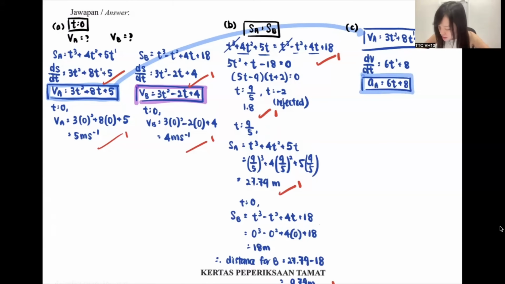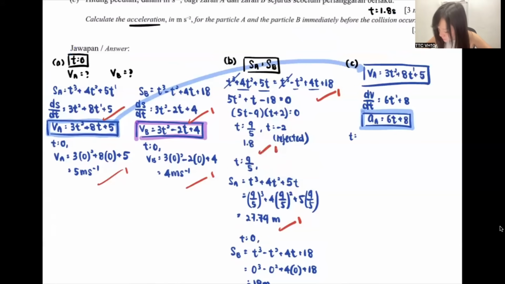You want to find when the timing is 1.8 or 9/5 also can. So what is the acceleration? So I will sub 9/5 inside. 6 times 9/5 plus 8. I guess getting 18.8 meter per second per second. Yes, this is the first answer.